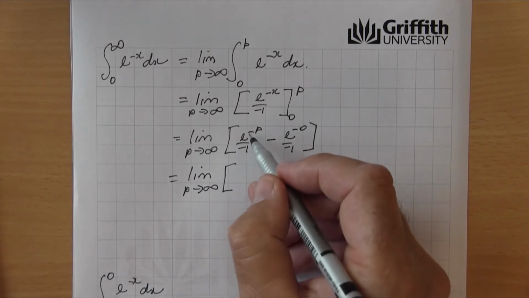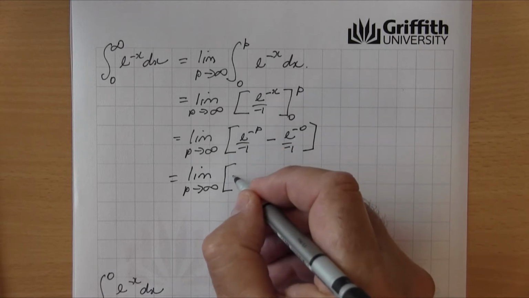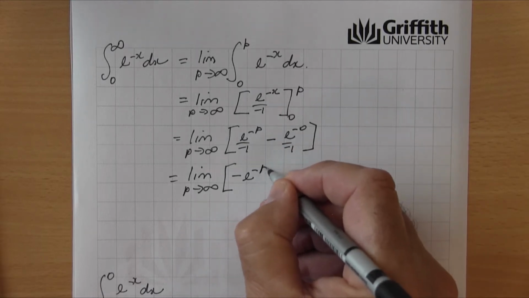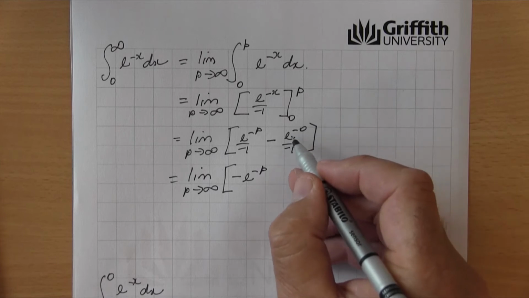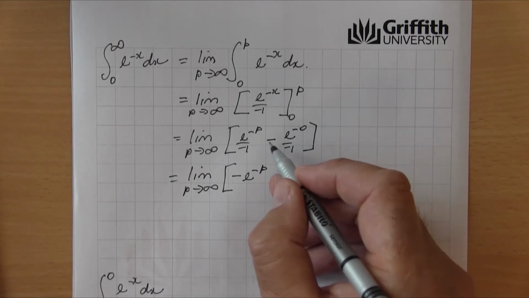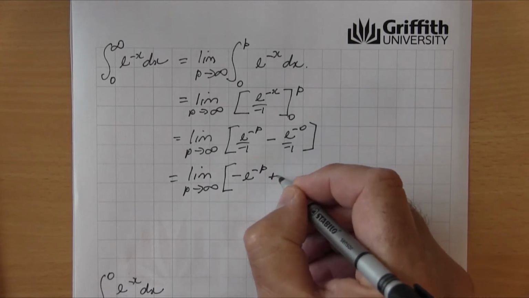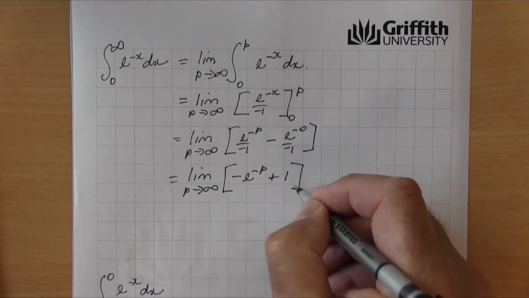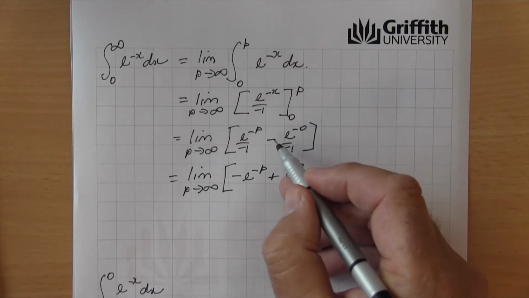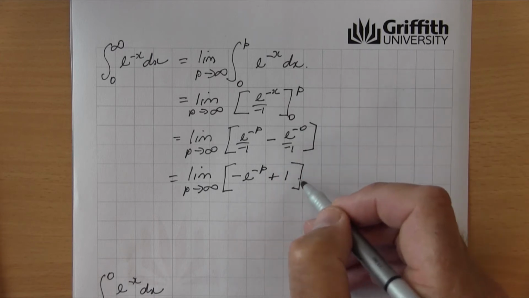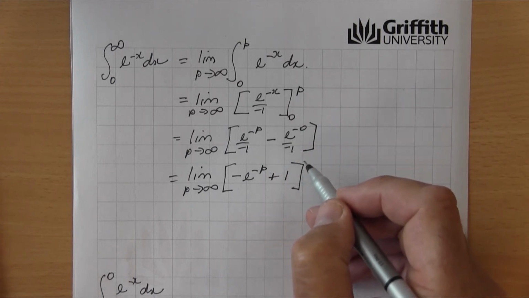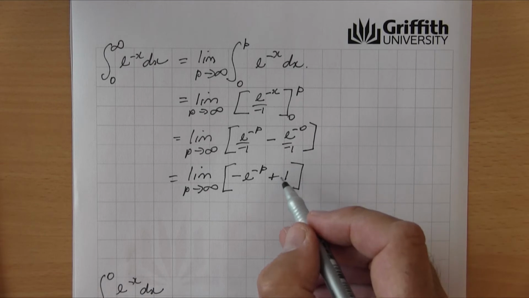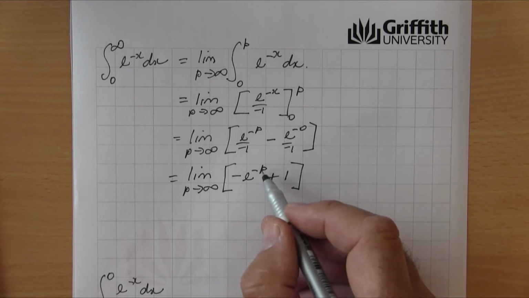Now that is simply just negative e to the minus p, and e to the power of 0 is 1. That'll be minus negative 1, so that'll be plus 1. So e to the 0 is 1, and that negative will make that into a positive, so you've got positive 1 there. So it's just 1 minus e to the minus p.